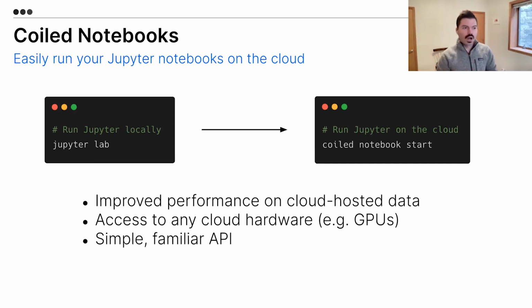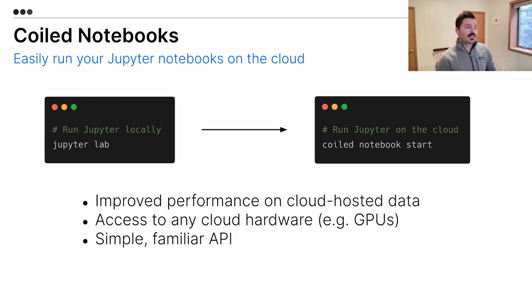So this reduces costs. And you also see some serious performance improvements that we'll see in an example in just a moment. You no longer have to transfer data from, for example, AWS to your laptop and back. That has some serious performance implications.